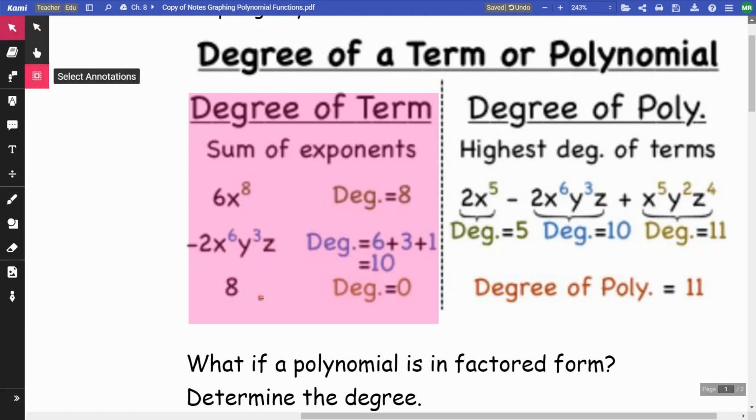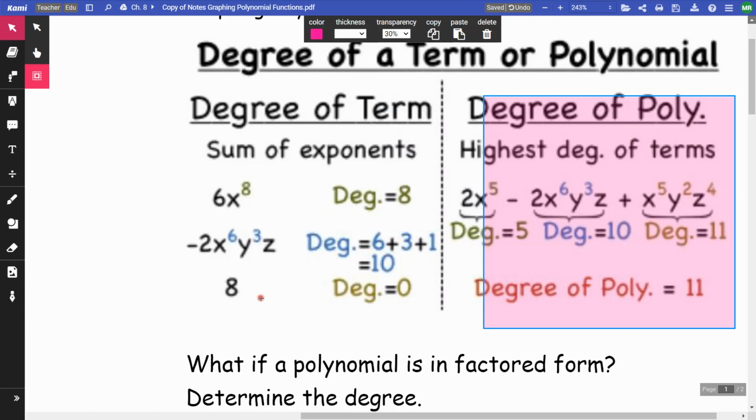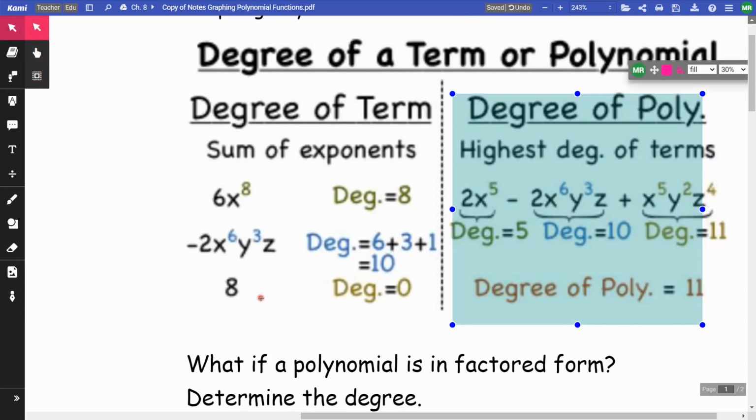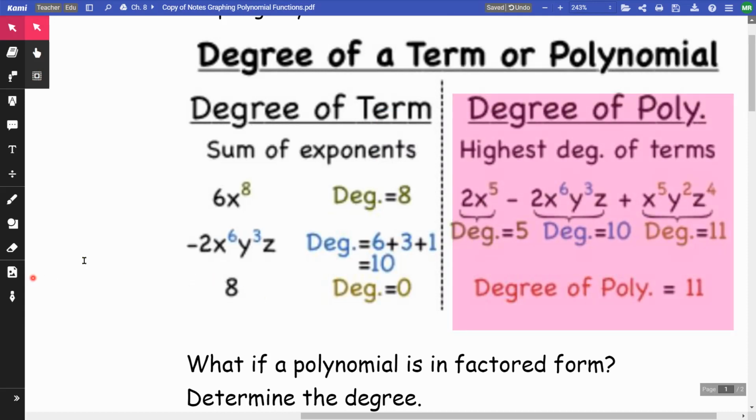Okay. Now, when we are talking about the degree of a polynomial and not just a single term, what we're going to do is look at the degree of each of the terms, and then find the term that has the biggest degree, and that's going to be the degree of the polynomial.